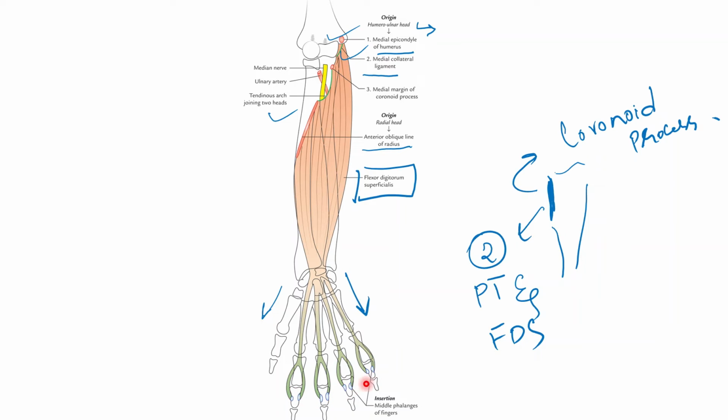So the ultimate insertion of the flexor digitorum superficialis is over the middle phalanges of the corresponding fingers. So this is about the attachment of the muscle flexor digitorum superficialis.